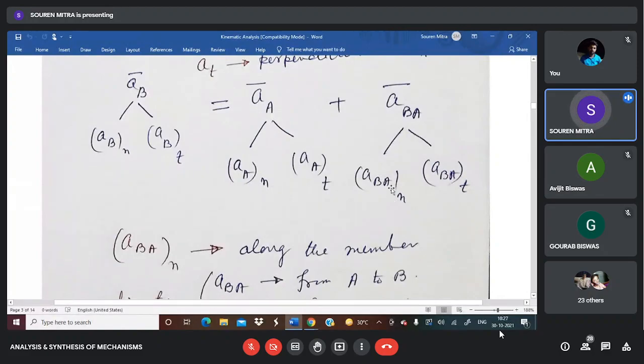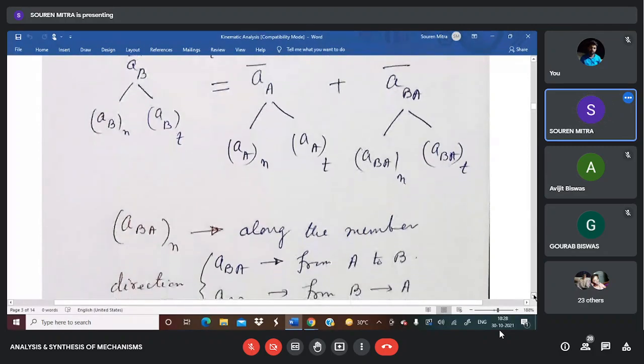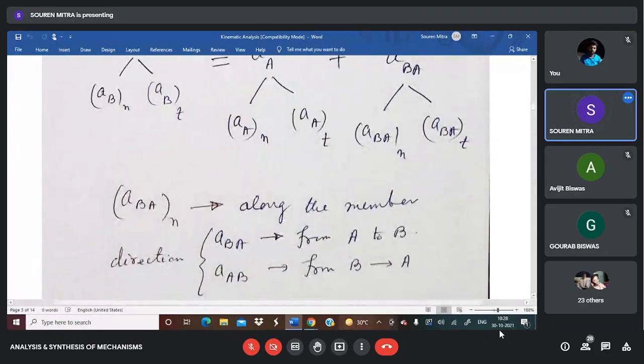So the direction of all normal accelerations, whether absolute or relative, will be directed to its center of rotation or apparent center of rotation. So that's how we get it. If it is acceleration BA, then with respect to A, it will be towards the center A, and so on.